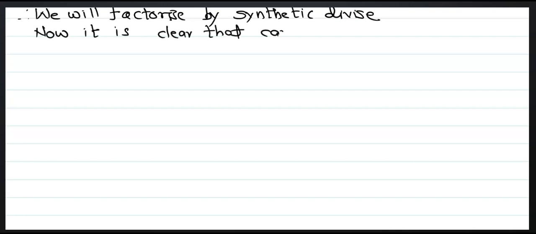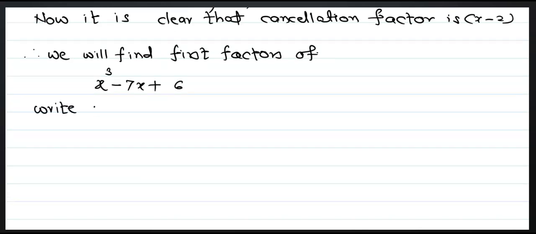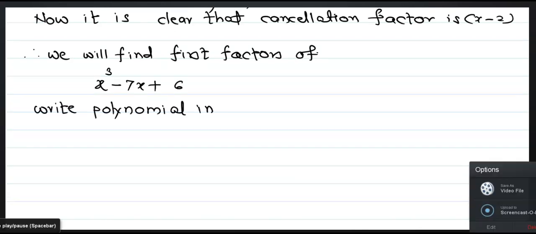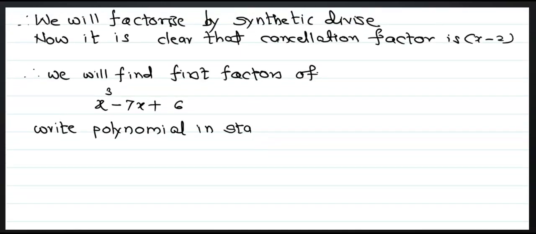Now, it is clear that the cancellation factor is x minus 2. We will first find the factors of x cube minus 7x plus 6.